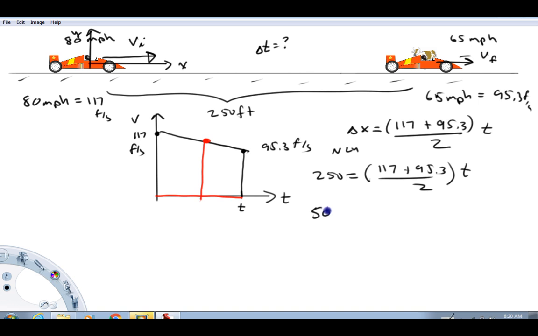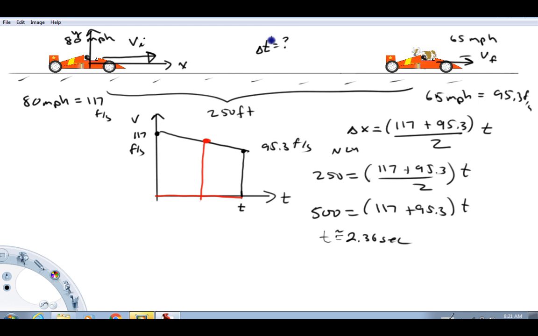The next line is going to read 500 equals 117 plus 95.3 times t. Next, you could add these together and then just take 500 and divide by that. If you have a calculator with parentheses, just take 500, divide by this quotient. If you solve that for t, I get 2.36 seconds, approximately.